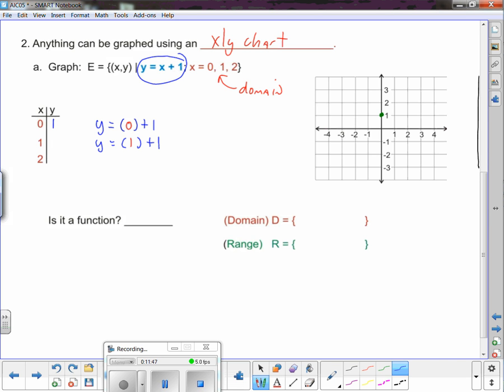So guy 1 is dating girl 2. And again, I'll take my green and put a point at 1, 2. And you can see the third one already. Guy 2 is dating girl 3. And when I graph that, I get that point right there.